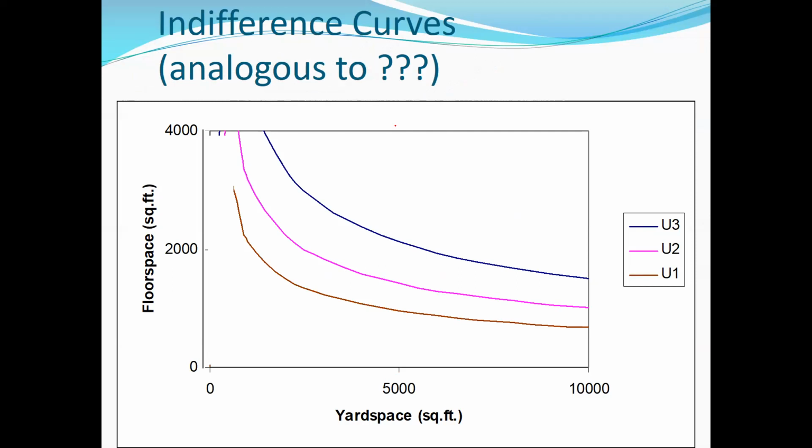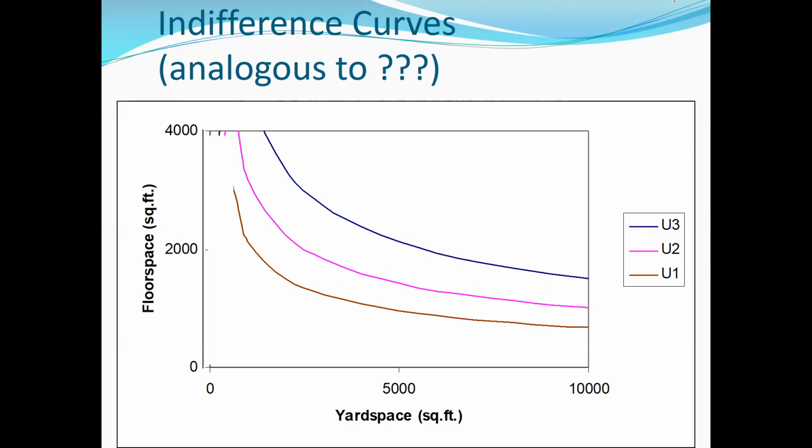So what I've done here is that I've cut 3 horizontal slices through this. And horizontal, remember, the z-axis was the utility value. So that means these 3 horizontal slices have the exact same utility.